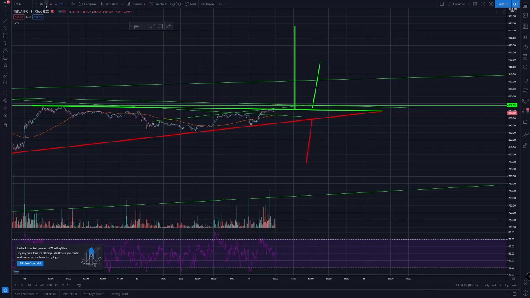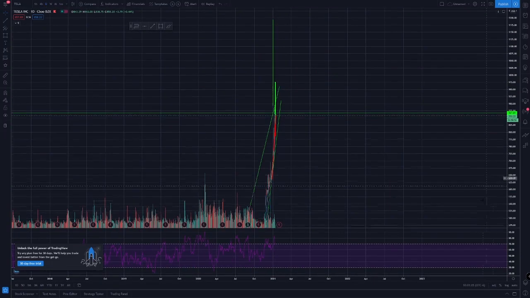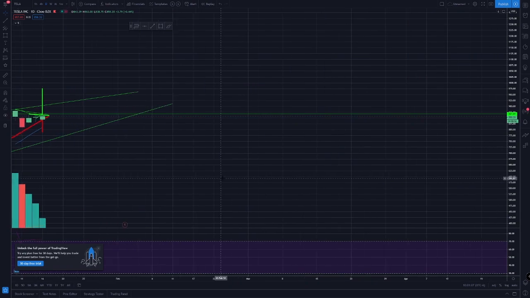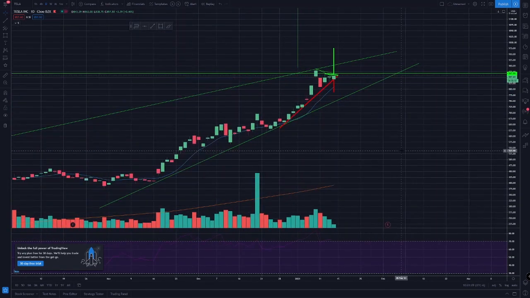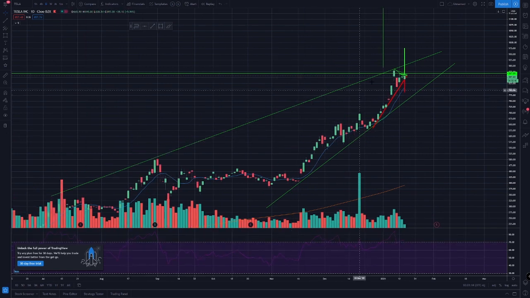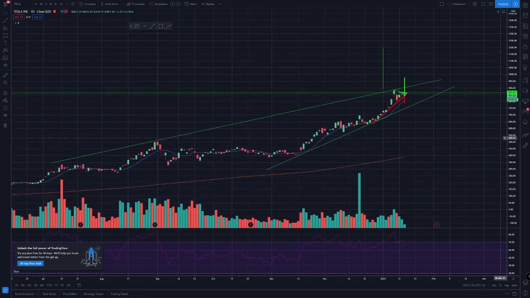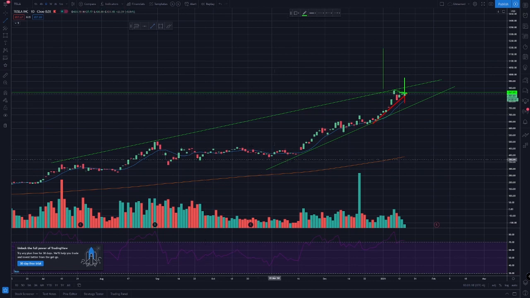Let's look at the daily. Yeah, and if we break this top line, then I think I already said that at the beginning, it could be this one.